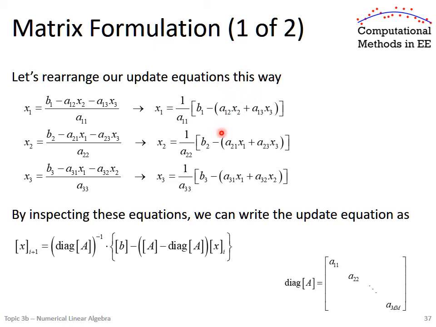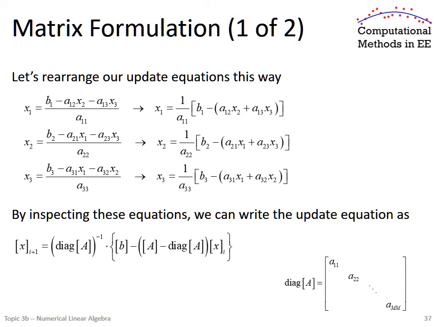So what I like to do is first, look at these terms in parentheses. Those really are our original equations, just without the diagonal terms. This first equation, which used to have an a11 times x1 over here on the left, is no longer there. x2 is no longer in the second equation, x3 is no longer in the third equation.